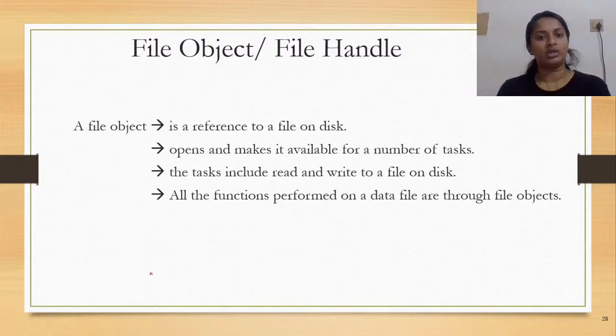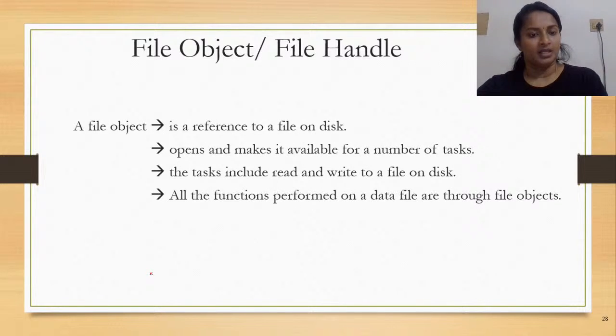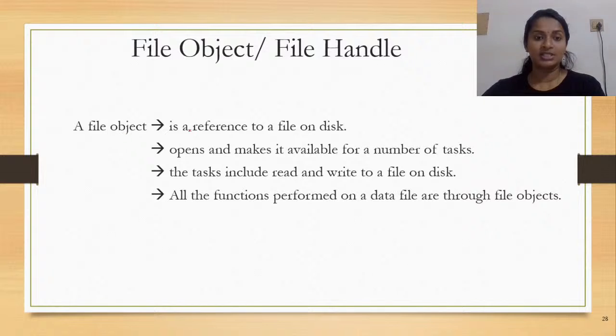Now we're going to see what the file object or file handle is. Fine. So the definition says it is a reference to a file on disk. It opens and makes it available for a number of tasks. The tasks include reading and writing to a file on the disk. All the functions performed on a data file are through file objects.